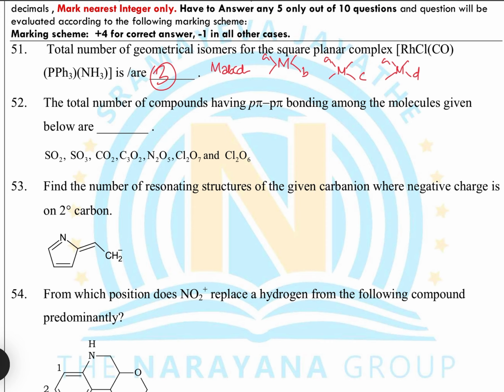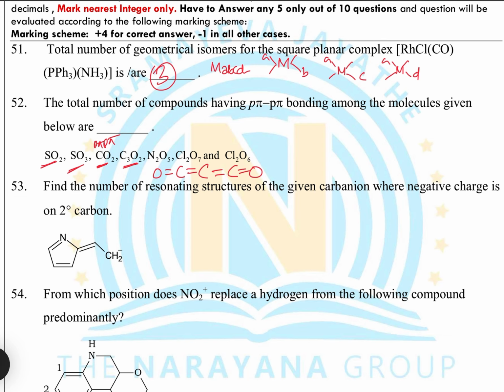The total number of compounds having p pi bonding among the molecules given below are. P pi means that should be SO2, 1 p pi, 1 p pi d pi, SO3, 1 p pi, 2 d pi, right? CO2 mandatorily p pi. C3O2, yes, C3O2 will also have the similar type.